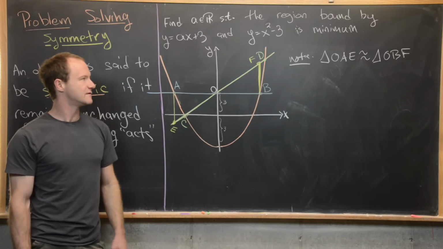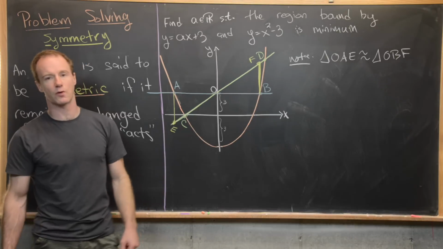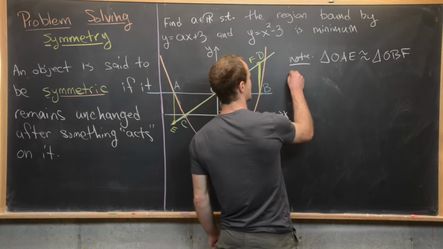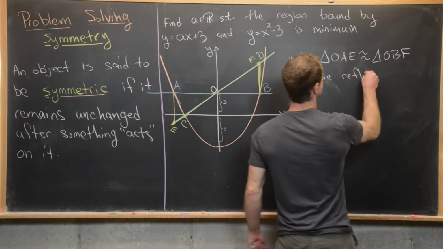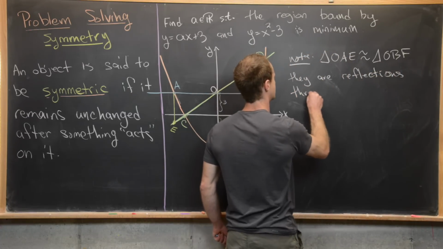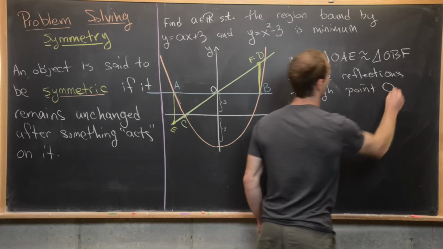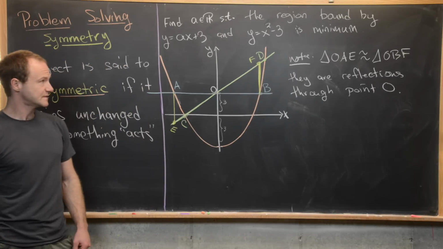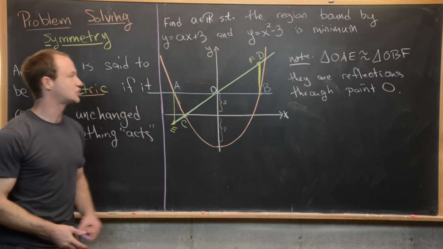And that's because one of these is the image of the other by a reflection through this point O. So let's maybe write that down. So they are reflections through the point O.